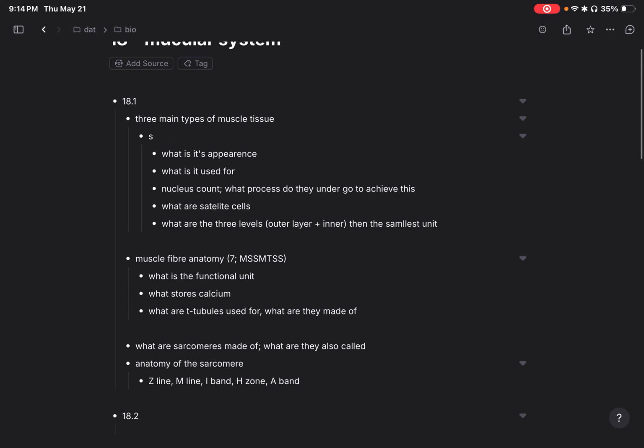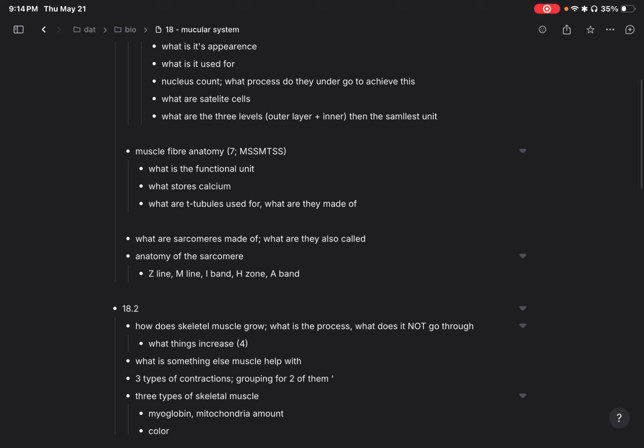Golly, that was rough. Okay, so muscle fiber anatomy. So we're gonna go through the muscle fiber, the muscle cell. So first we have the myofibril, then we have the sarcomere, then we have the sarcoplasmic reticulum, then we have the mitochondria, then we have the T tubules.